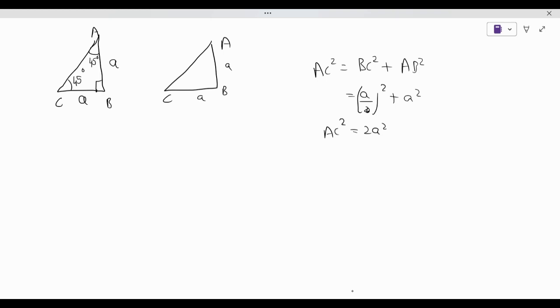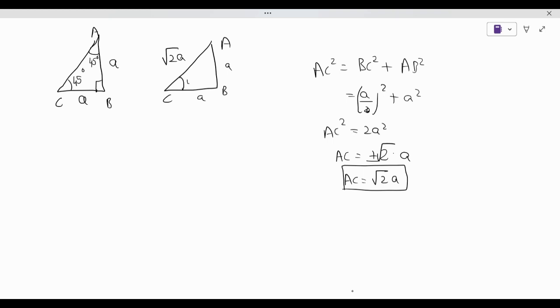AC square is equal to 2A square. AC is equal to plus or minus root 2 A. Since we are using distance, AC is equal to root 2 A.